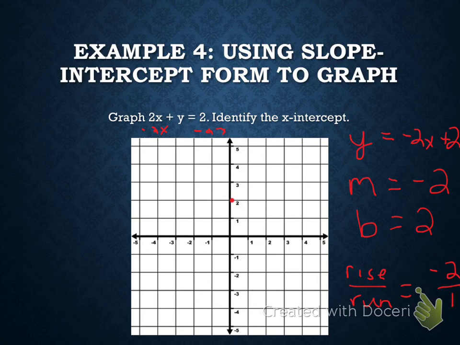I'm going to go down 2 and then over 1, and put my point right there. So that's going to be our line. You're just going to connect through those points, and that's the graph of your line. That's how you graph using the slope-intercept form.